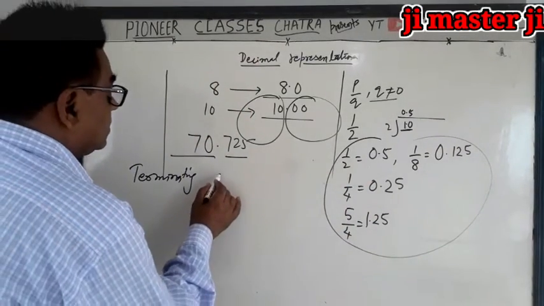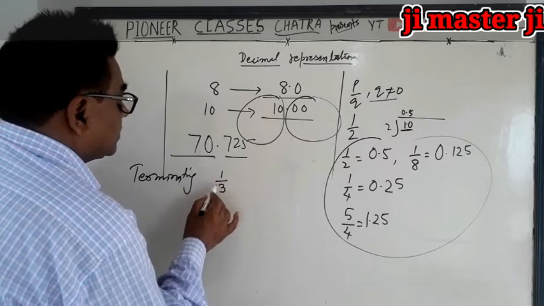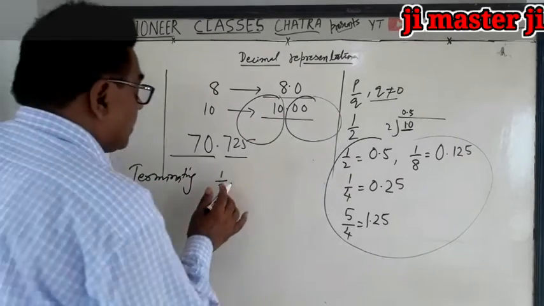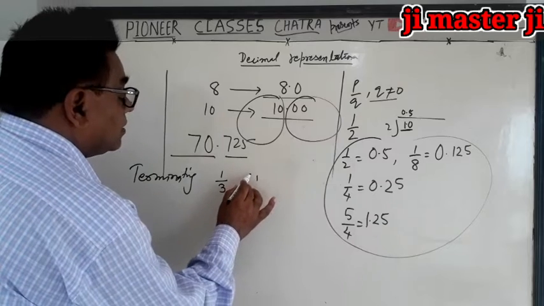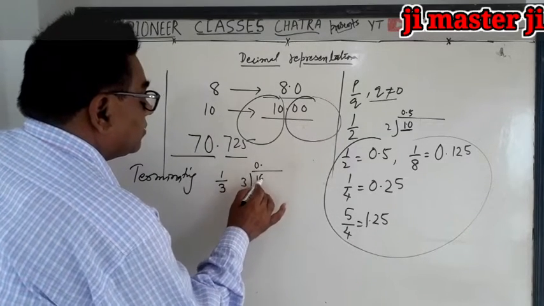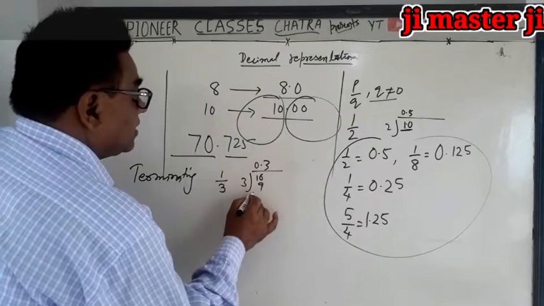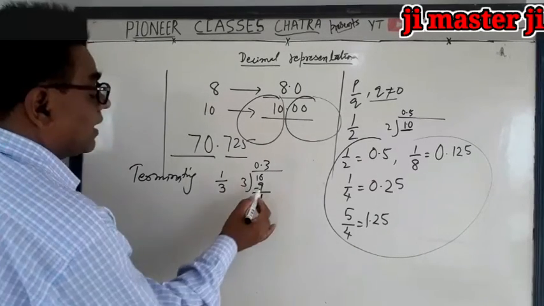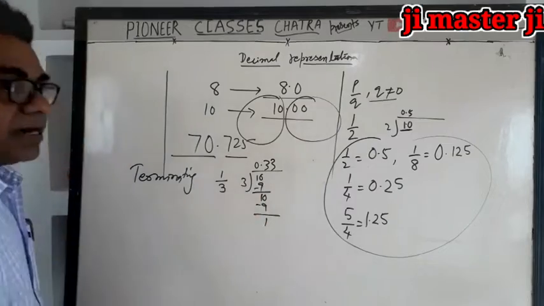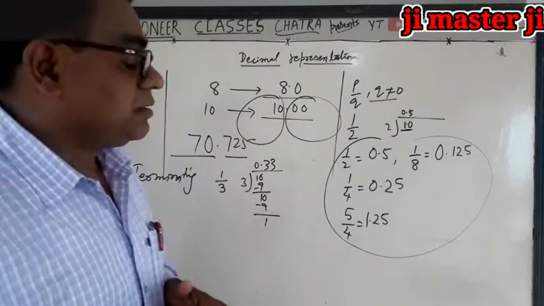If we take the example 1 by 3, this is also a rational number, and we divide 1 by 3 and we get 0, a decimal, so it is 10, so 3 3s are 9, and leaves remainder 1, again we put 0, 3 3s are 9, and the process will continue infinitely.